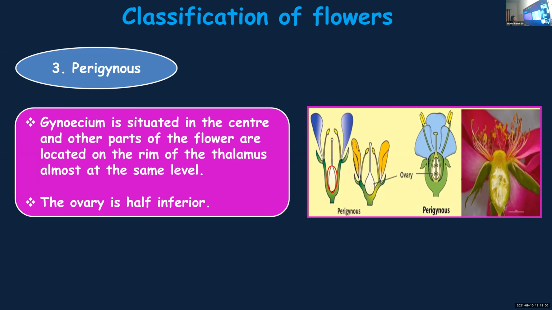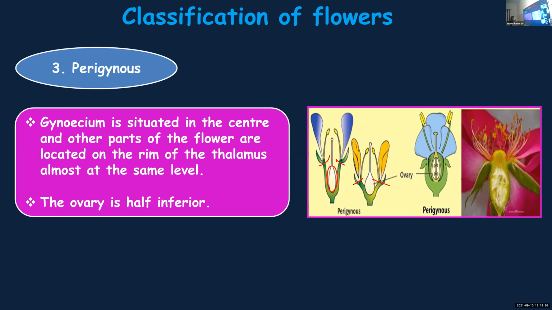Even though it is at the center, you can see all the other parts produced at the rim or the edge of the thalamus, almost at the same level. Here we say that the ovary is half inferior.